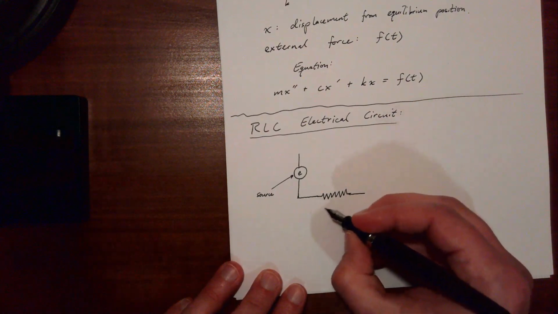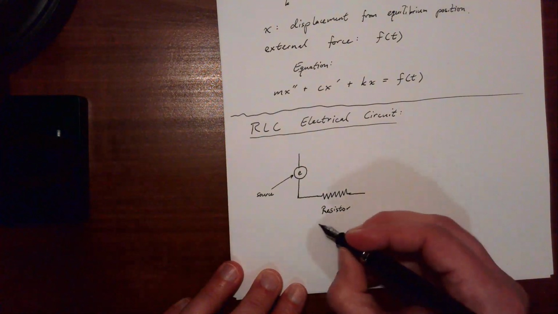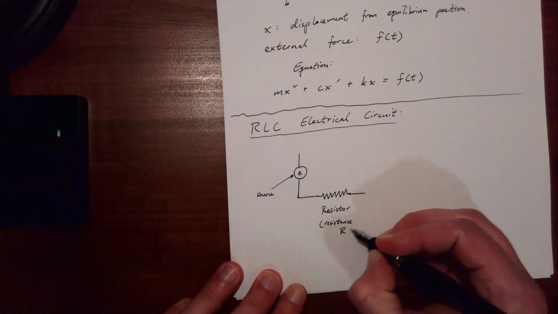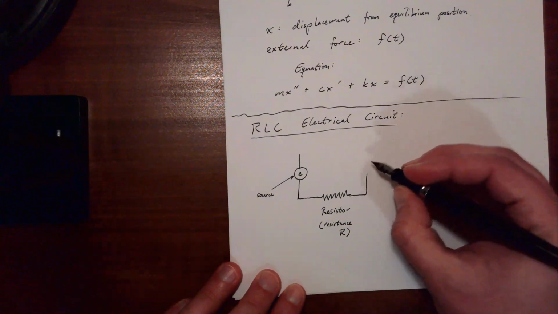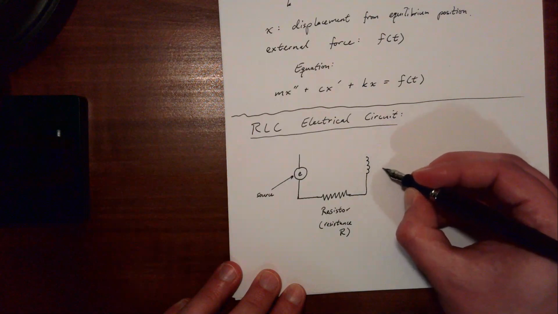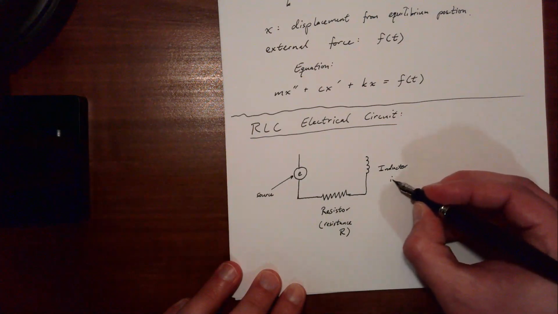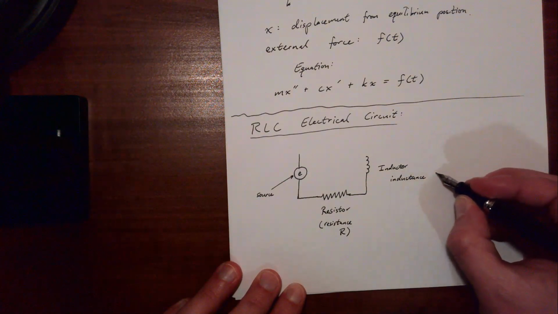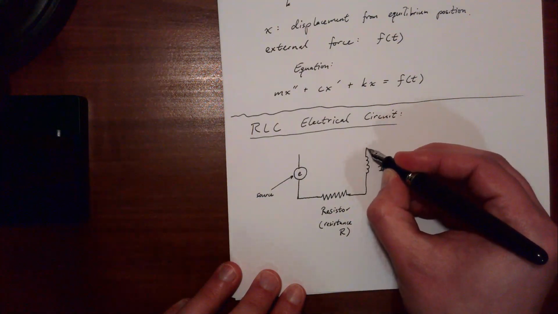This is a resistor with resistance R. And then up here, we're going to have an inductor, and it's going to have inductance L. That's the R, that's the L of our RLC circuit.